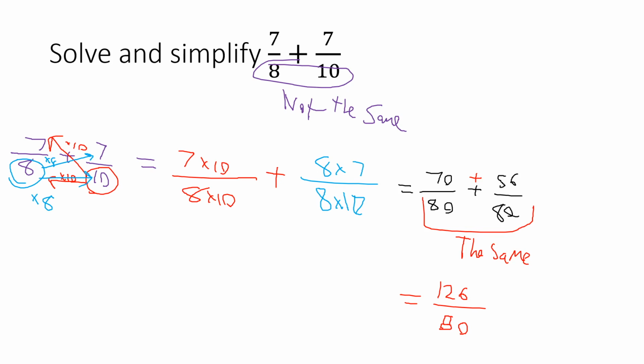And now, we know that both of these are even, so we can, if we want to, divide both of these by 2. 126 divided by 2 is 63. 80 divided by 2 is 40. And so our final answer should be 63 over 40.